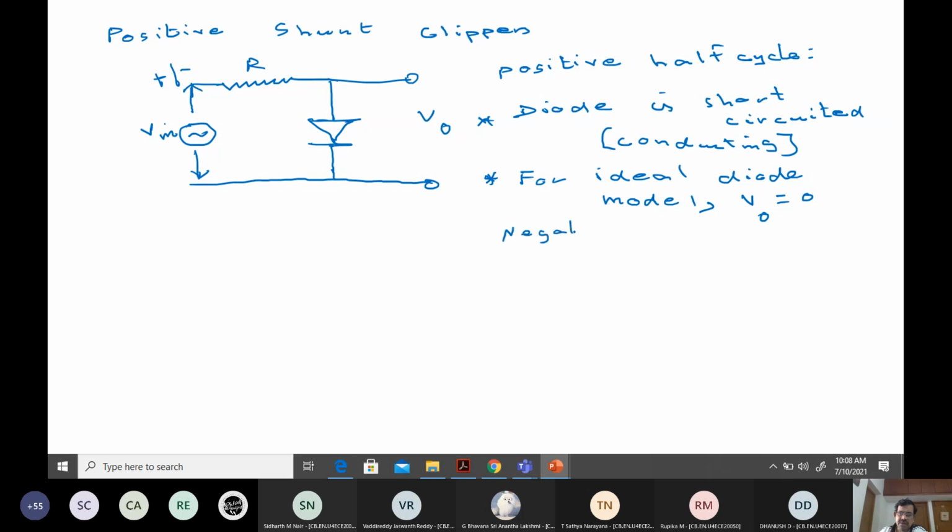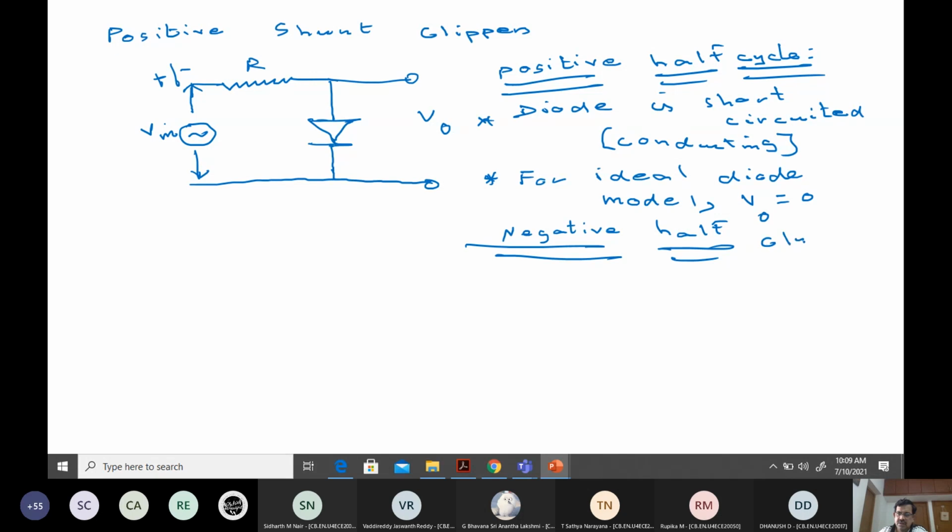And for negative half cycle, diode will be open circuit.